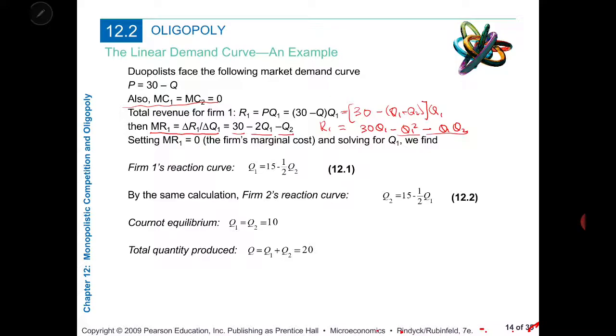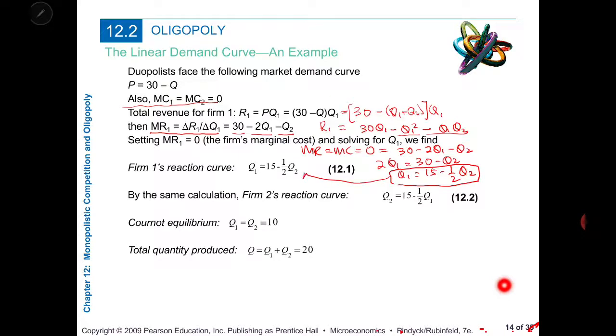Setting the equilibrium means MR must equal MC, and since MC is 0, our MR equation can also be set to 0. So 30 minus 2Q1 minus Q2 equals 0. Then 2Q1 on the left, Q1 will be 15 minus half of Q2. So this is actually the reaction curve's equation.